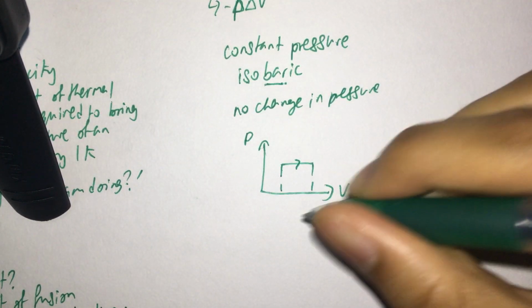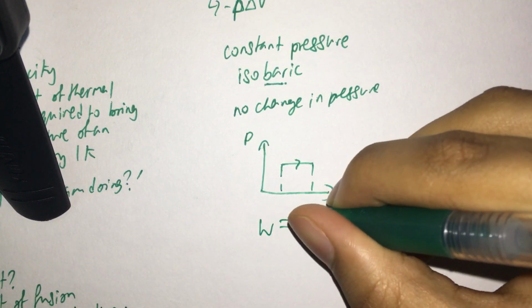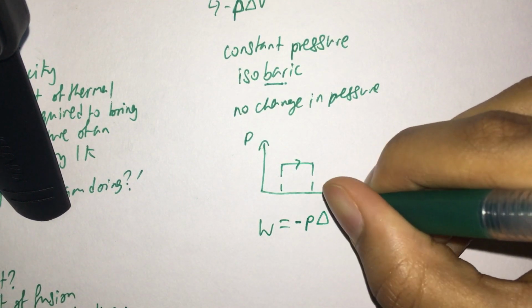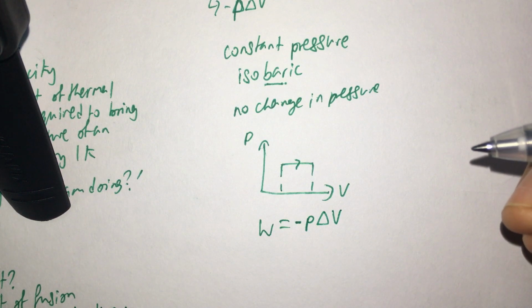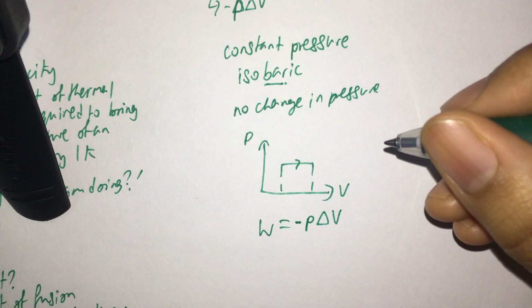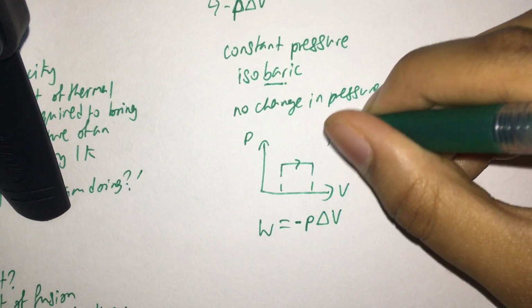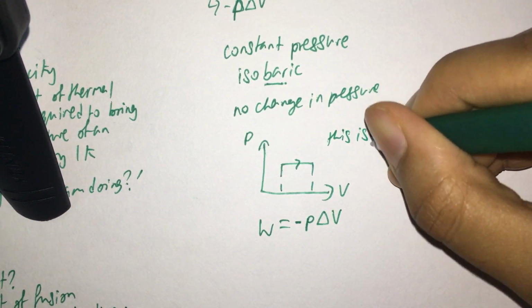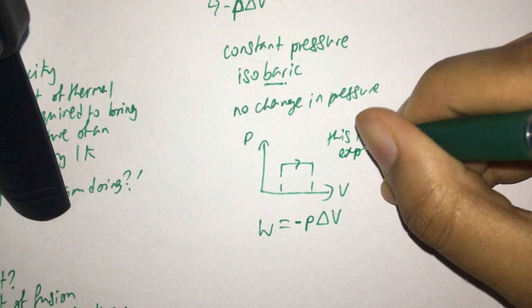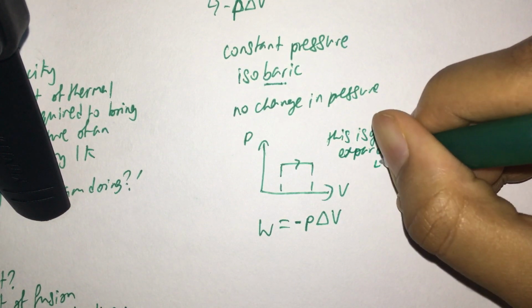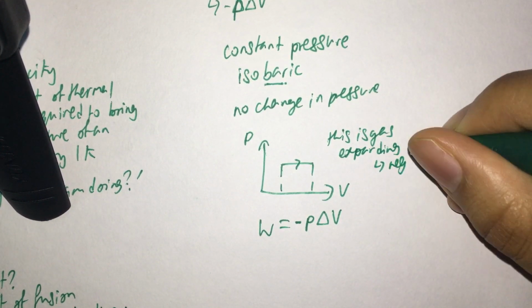Why is it negative? Okay, in order to do work on the gas, how do you do it? You have to compress the gas, it has to decrease in volume in order for you to do work on the gas. If the gas instead expands, you're not actually doing work on the gas, the gas is the one doing the work on whatever thing that's holding it down.